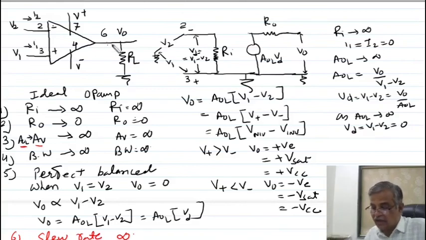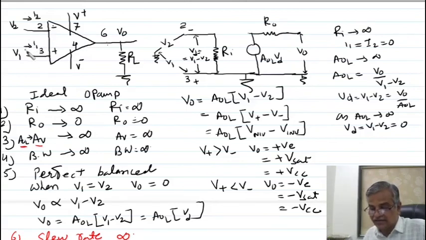Second, RO, the output resistance, is nearly 0. So there is no effect on the output voltage if current is drawn from pin number 6. These are the important points.